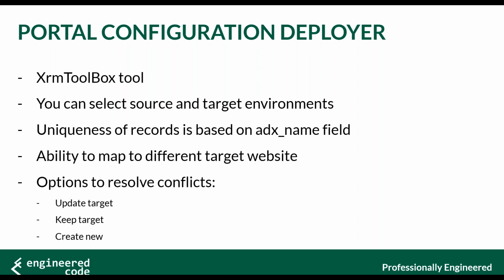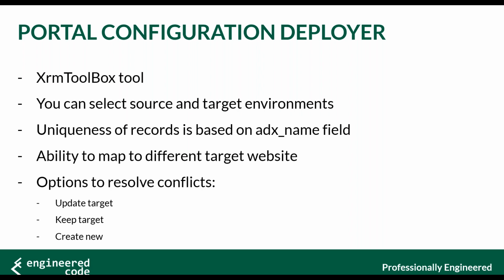What's a little bit different about this is that it uses the name field on all the records as its uniqueness criteria. So it doesn't necessarily look at the ID of the records. It's more concerned about what the name of the records is. You can have a different target website.